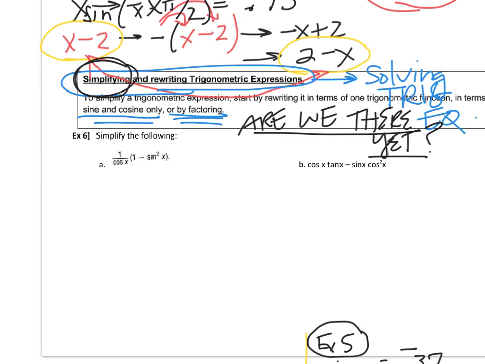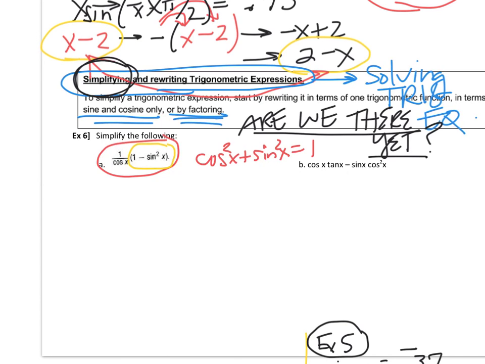So when I take a look at this first one right here, what I notice is I see something being squared. So again, I think Pythagorean theorem, a squared plus b squared is equal to c squared. So I'm going to write down the basic Pythagorean identity, cosine squared of x plus sine squared of x is equal to 1.